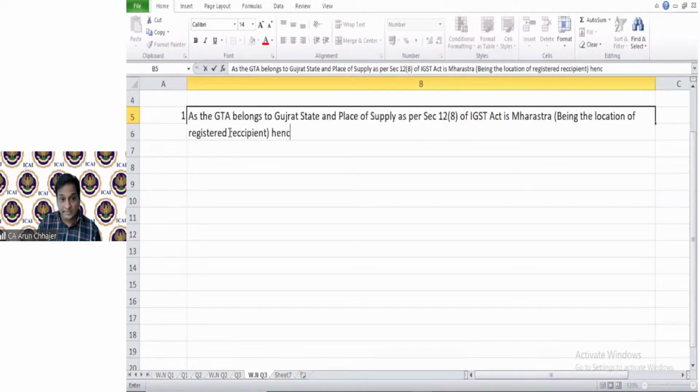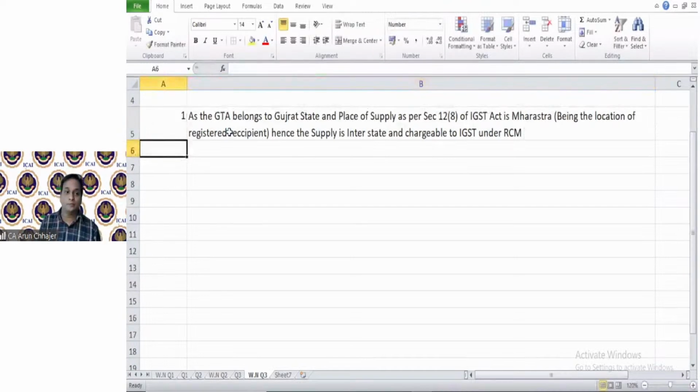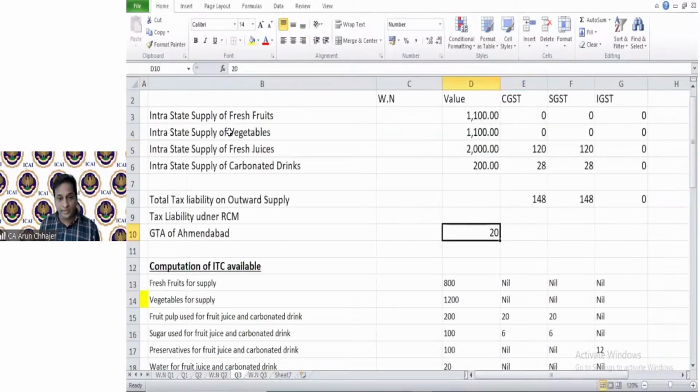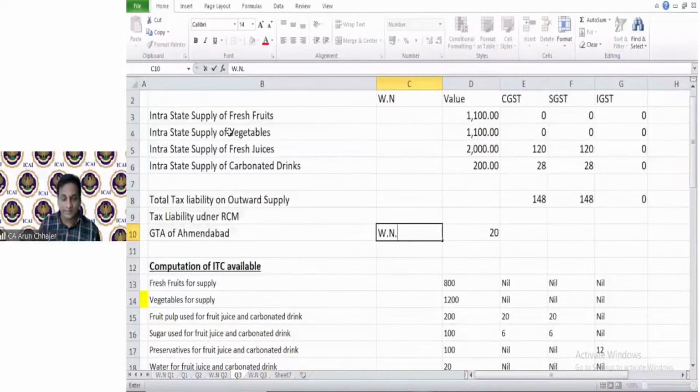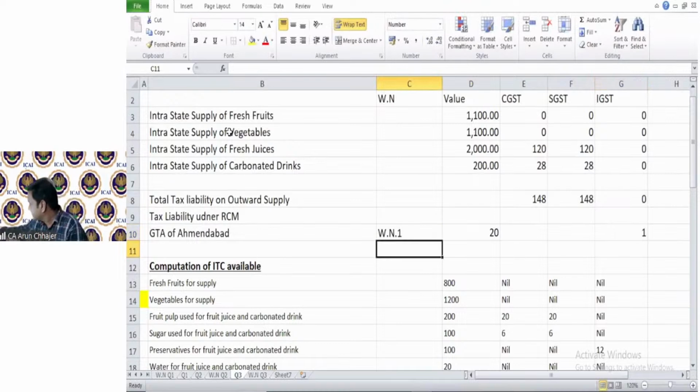Hence, the supply is interstate and chargeable to IGST under RCM. This was important. So I have explained, and this is the first time that we are paying the tax under RCM as IGST. Any question?